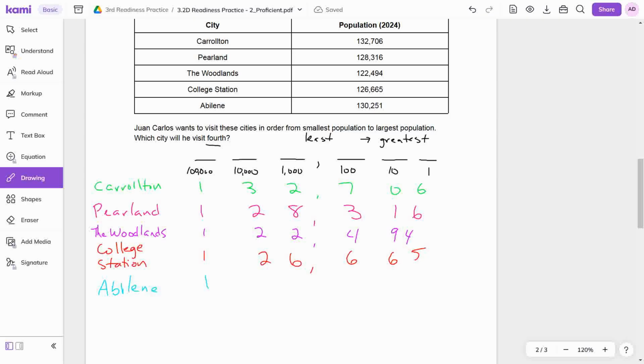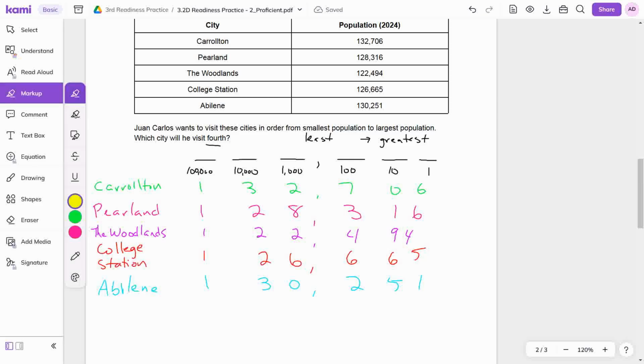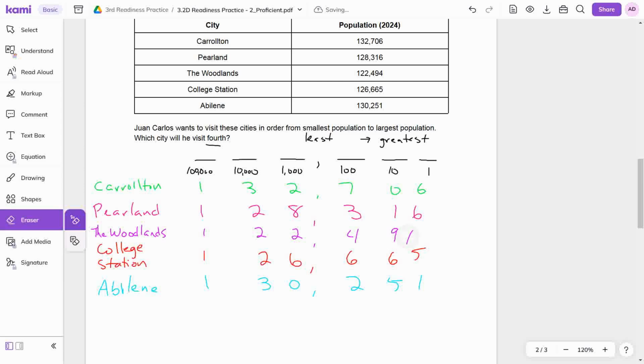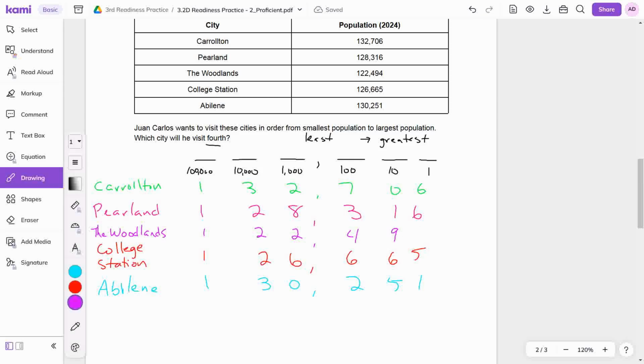That is 130,251. All right, so now that we've got our numbers down, what we need to do is look at, make that just a little bit straighter. Let's get that 4 right here.